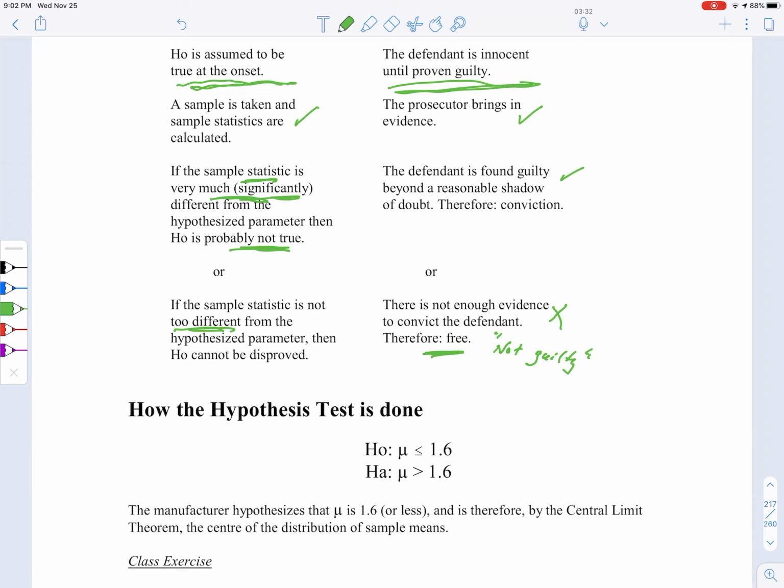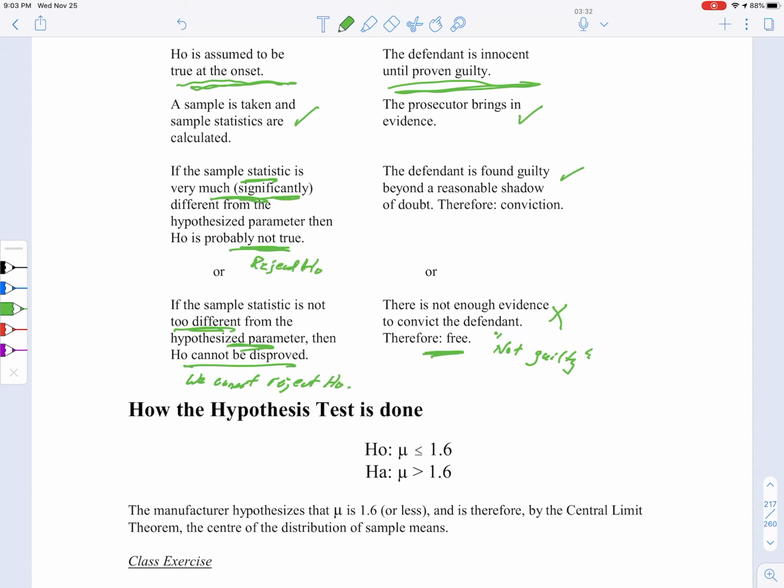In a statistical case, then, if the sample statistic is not too different from the hypothesized parameter, then H0 cannot be disproved. And so what we say here then is that we cannot reject H0.